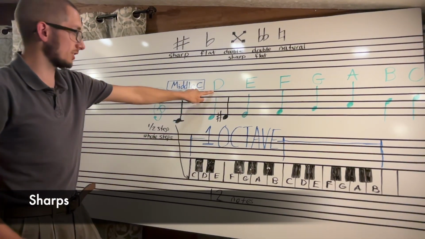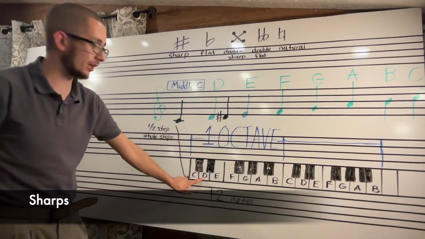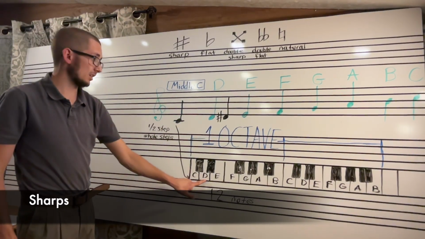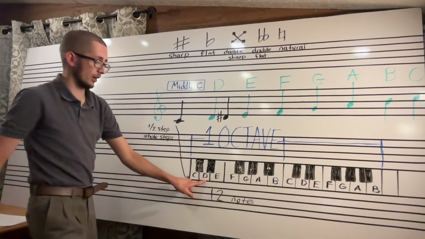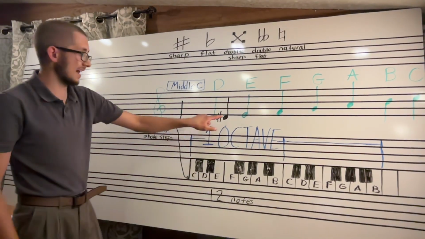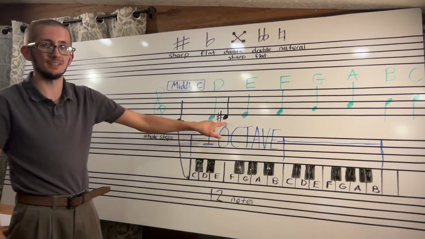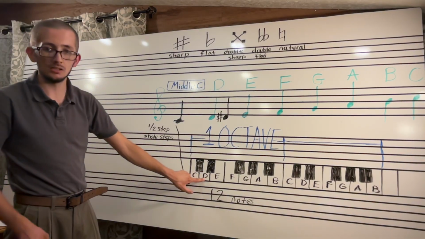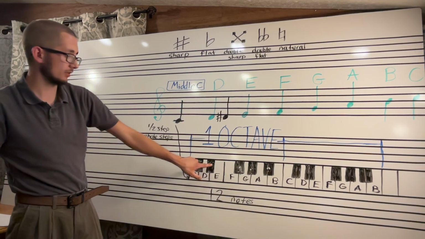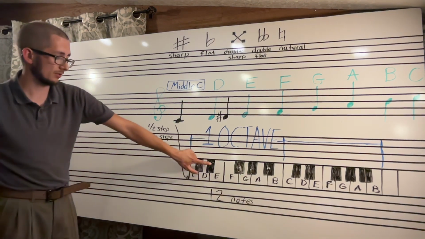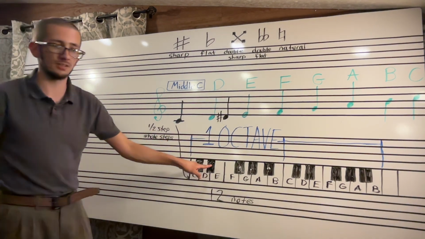Therefore, if we go to D on our piano right here, and put a sharp sign in front of it, that raises that D up a half step. So this pitch would be a D sharp. D, raise up a half step, D sharp. So this note right here is a D sharp.